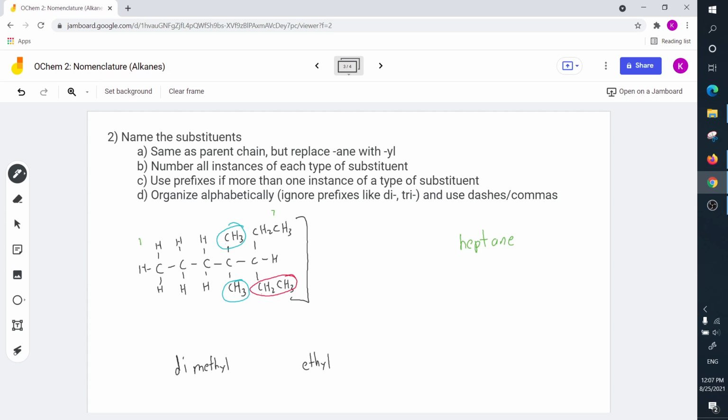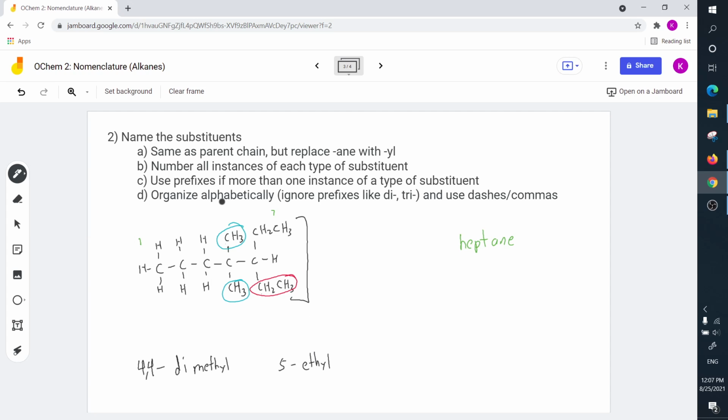And where does it occur? Let's see, 1, 2, 3 on the fourth carbon. So we write 4, 4 dash dimethyl. Notice how I use these. The commas are to separate the numbers, and the dash is to separate the numbers from the letters. Now for ethyl, we see only one instance, so we do nothing about that. But 1, 2, 3, 4, 5 is on the fifth carbon, so we write 5 dash ethyl.